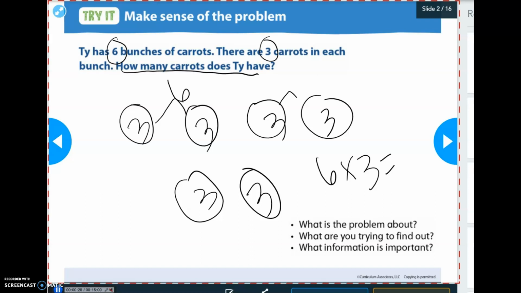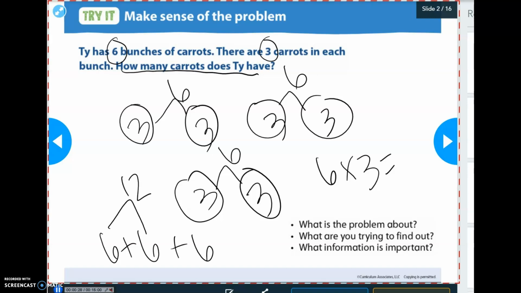So these 2 make 6, and these 2 make 6, and that one makes 6. Then if I add 6 plus 6 plus 6, together these make 12. And if I add up in my head, 12, 13, 14, 15, 16, 17, 18. So I think that's 18.